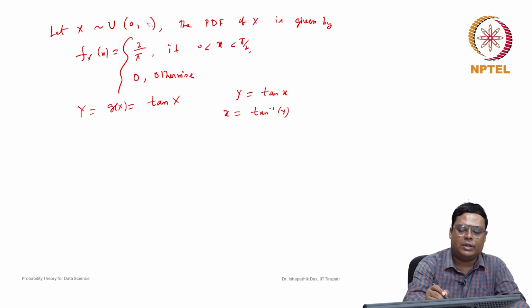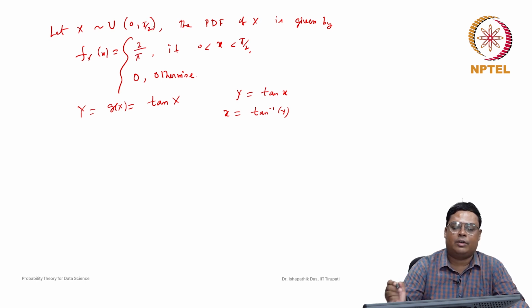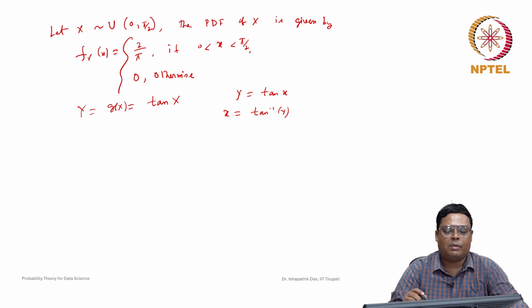Let us consider again, let x be a uniform random variable on 0 to pi by 2, then the probability density function of x is given by 2 by pi if x is between 0 to pi by 2, and 0 otherwise. You can consider the original form, but it will not be a very standard form, and whatever we finally find will be a complicated form.